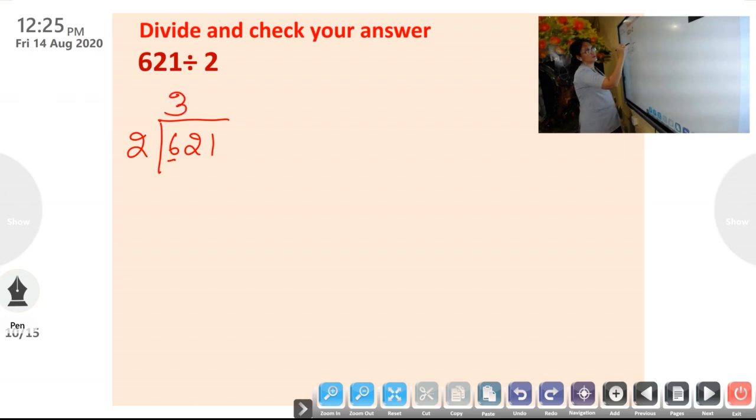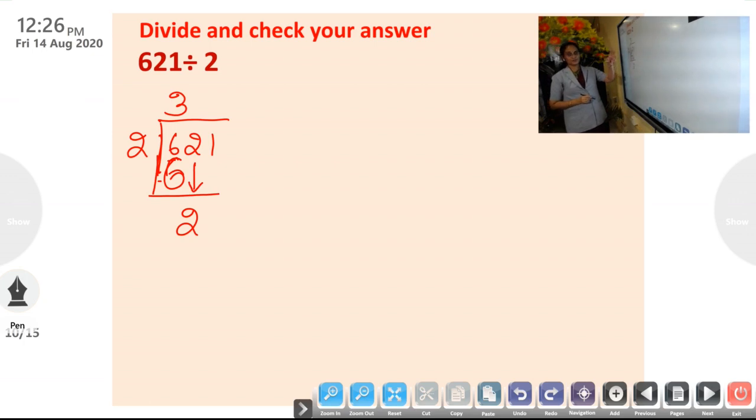So 6 divided by 2 is 3. And 3 2s are 6, right under this 6. Then subtract. When you subtract, you are getting what? 6 minus 6, it is 0. No remainder. Then write down the next digit 2.